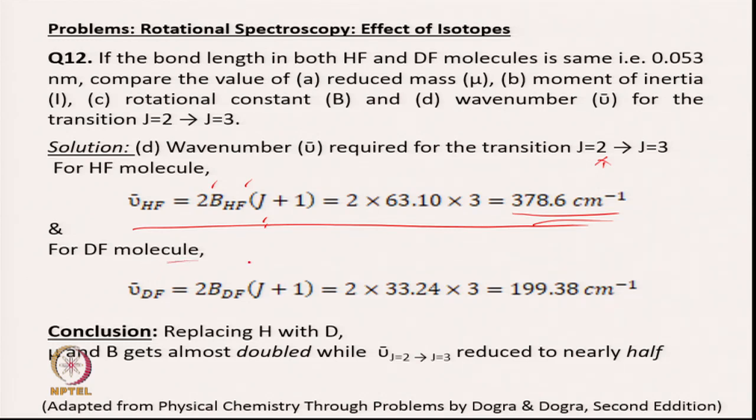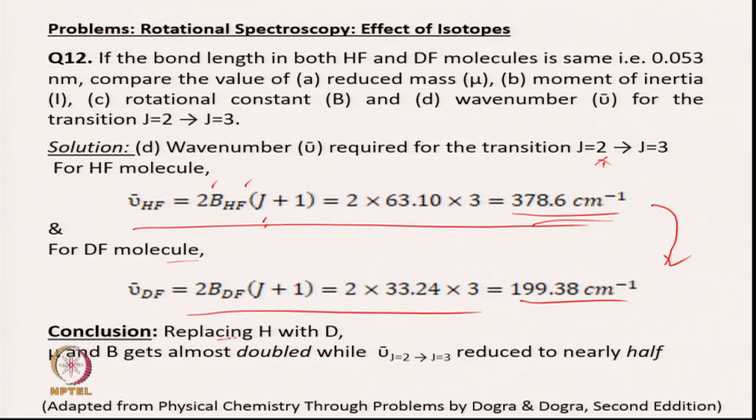For the DF molecule, the same equation can be used, and the wave number we get for the j is equal to 2 to j is equal to 3 transition is 199.38 centimeter inverse. Again, you can see your nu bar DF is half of nu bar HF, and that is not surprising because B of DF is half of B for HF.